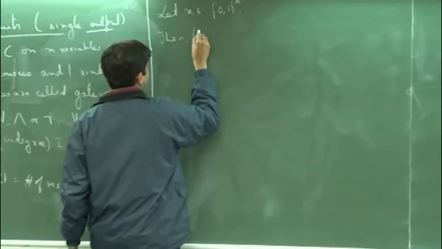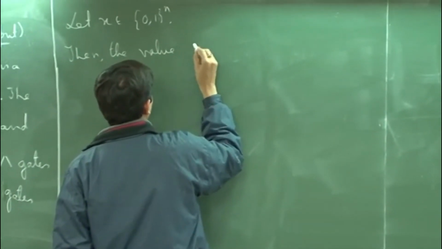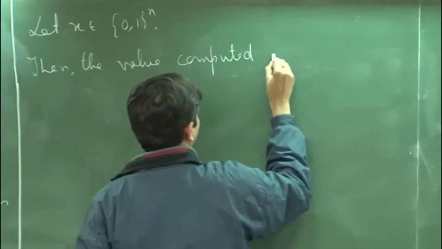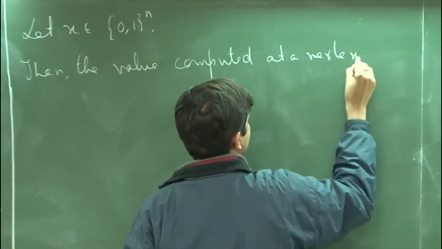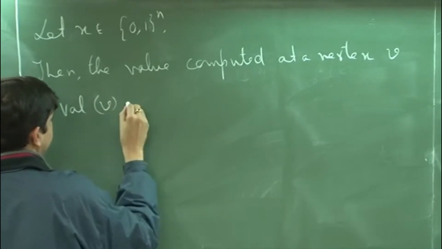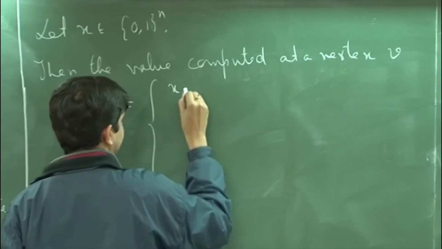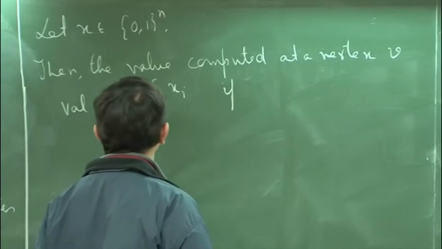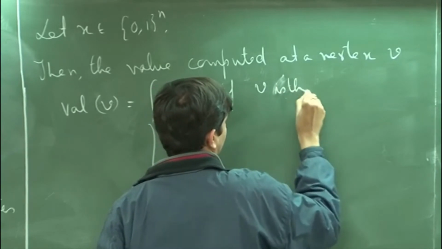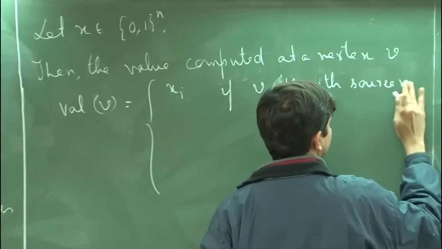Then the value computed at a vertex v, we will denote it by value of v, is equal to x_i if v is the ith source vertex.